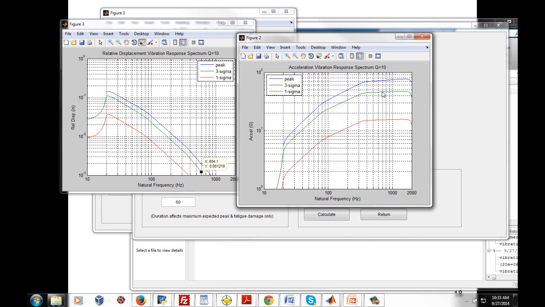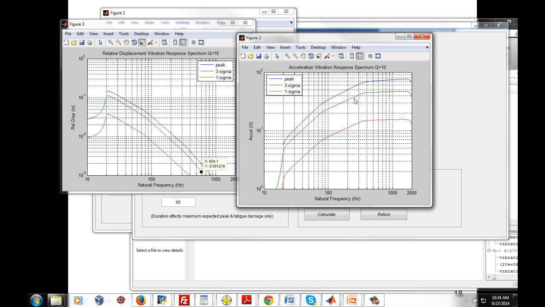And it could be that there's a potential piece-part failure mode that correlates more closely with acceleration than with relative displacement. Who knows? You might have a very sensitive crystal oscillator where the internal crystal would shatter if the G level is too high, as one example. There is a bit of a plateau here, so as the natural frequency goes above about say 400 hertz, there's kind of a diminishing returns effect.